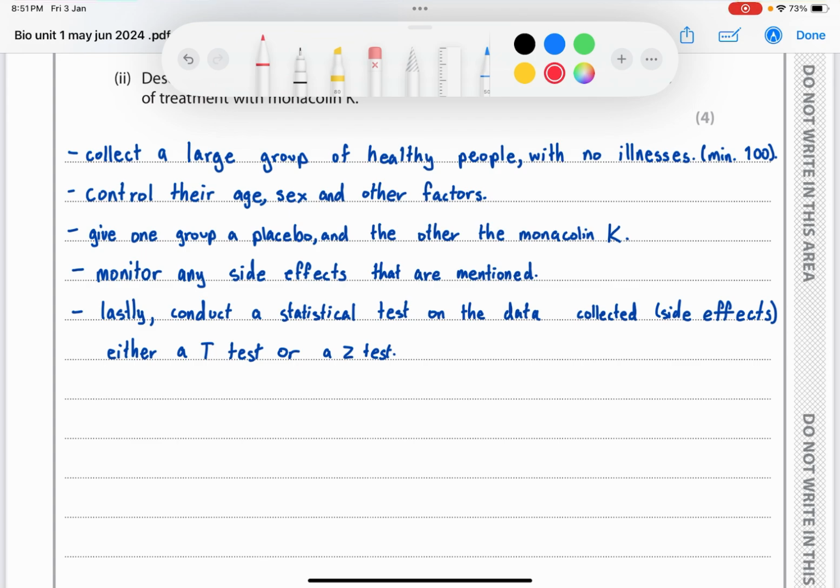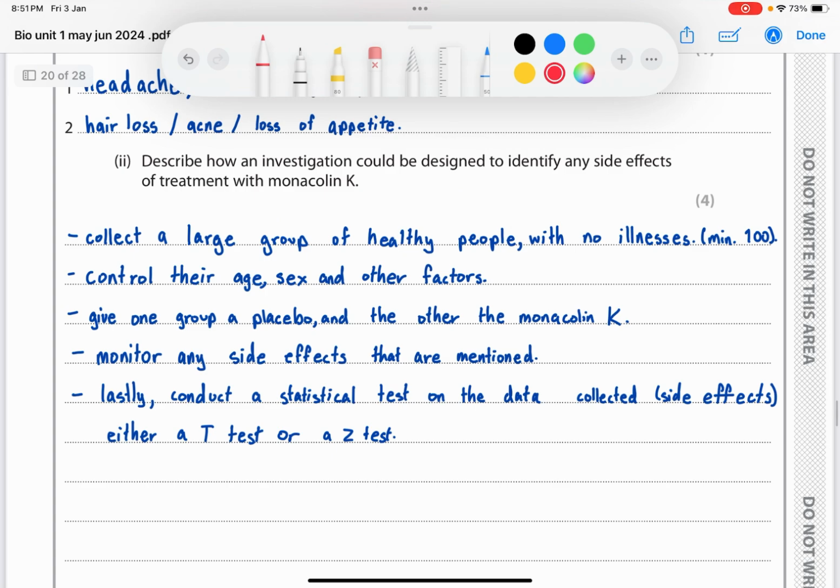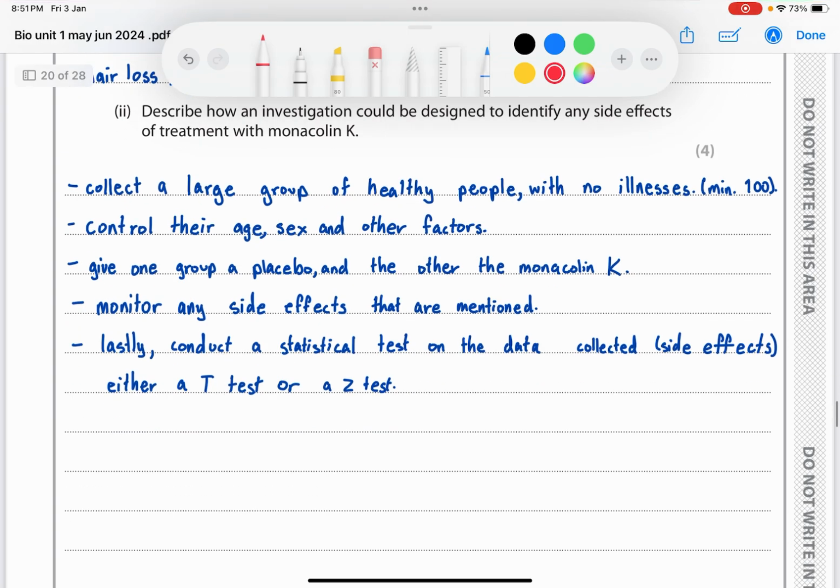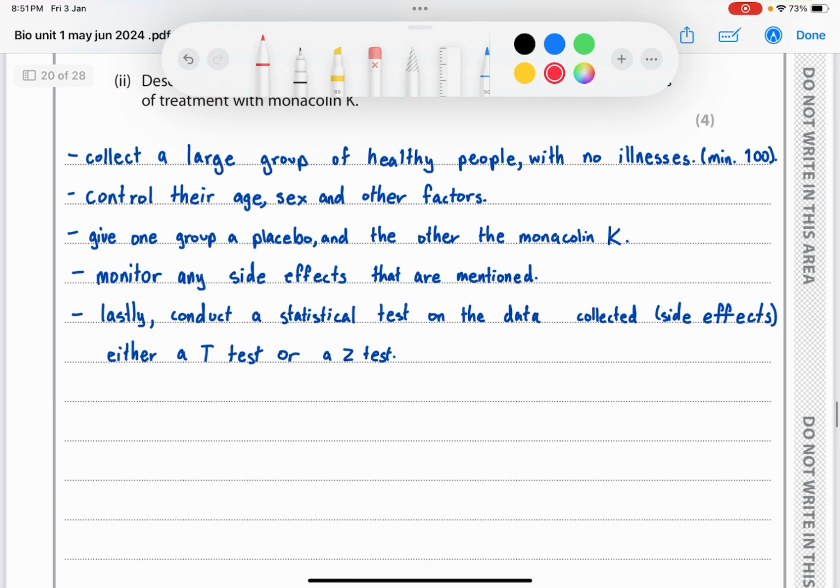We can do this using either a t-test or a z-test. So this question is asked a few times, not just unit 1, I think unit 2 as well, maybe later on in unit 4. It's important to have a model answer and just memorize it so you have all the points that you need.